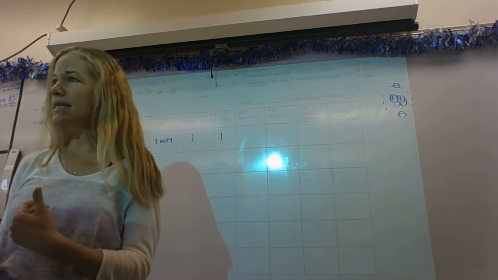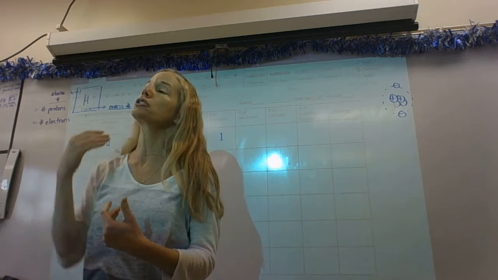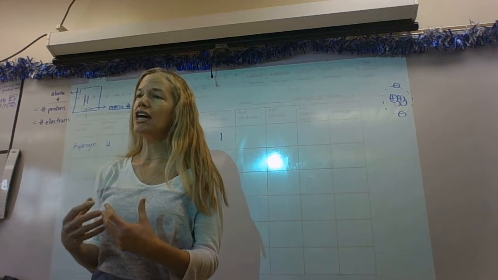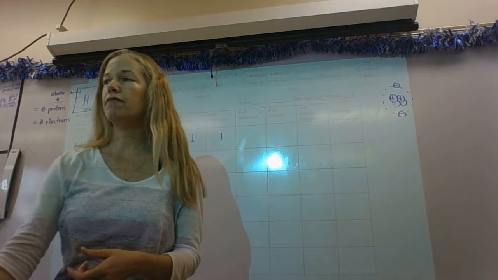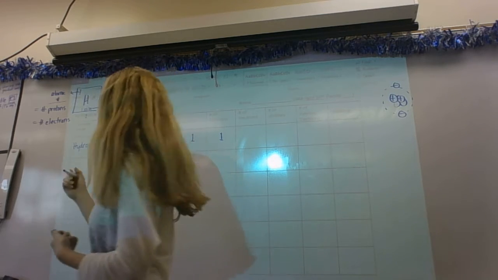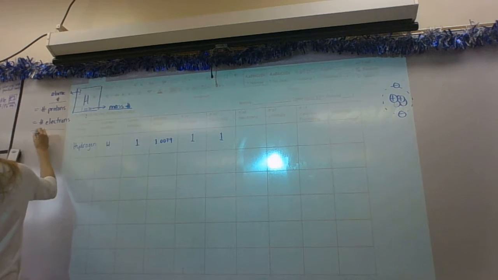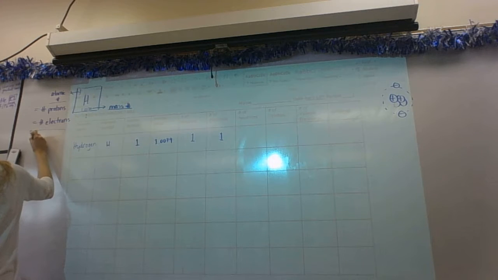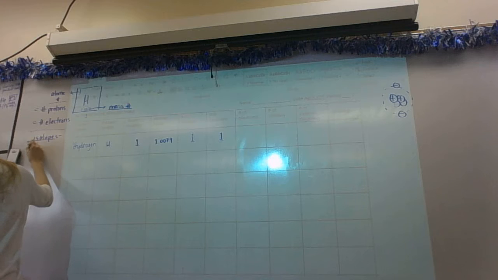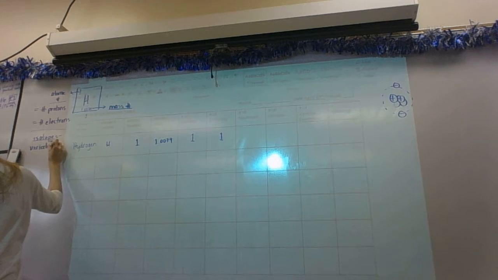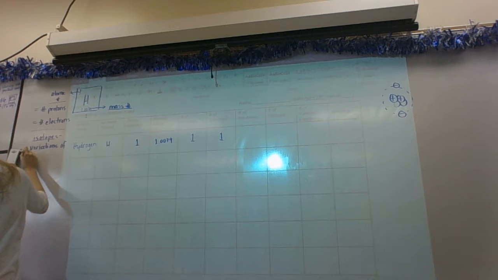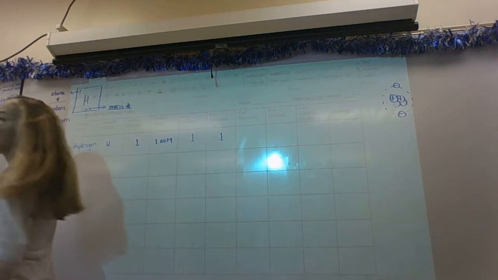Well, the problem is that there are some elements which have isotopes. Have you ever heard that word before? Okay. Isotopes are variations of an element.